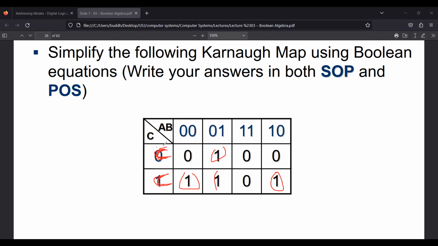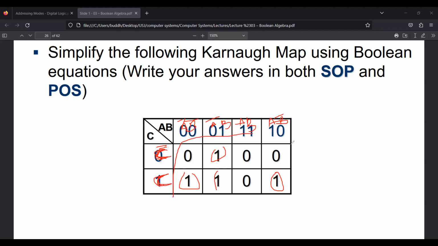That means here it is C bar, here it is C, and we can easily show it by using 0 and 1. 0, 0 means A bar and B bar. Here 0, 1 is A bar, B. Here 1, 1 is AB, and 1, 0 is A, B bar.